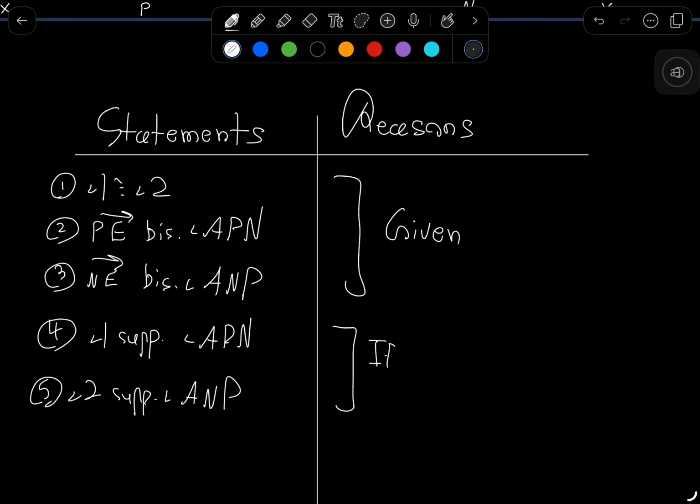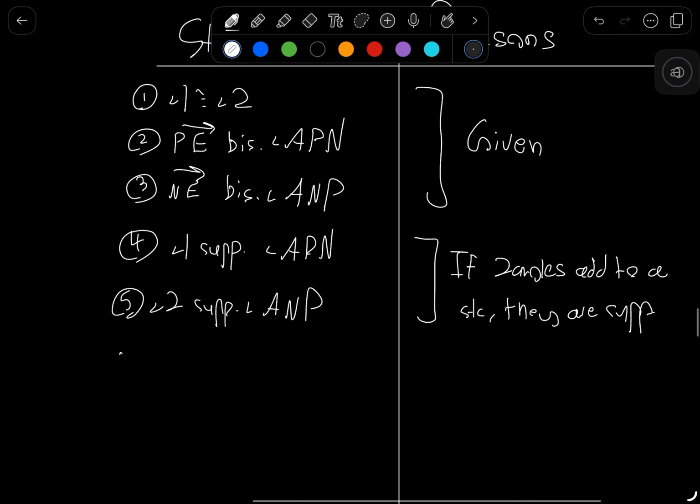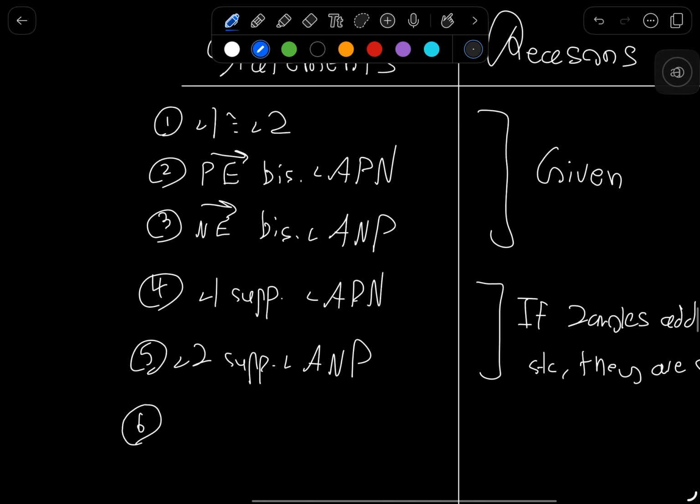Remember, if two angles add to a straight angle, they are supplementary. We already know angle 1 and 2 are congruent, and they both are supplementary to these angles. So therefore, we can conclude that angle APN is congruent to angle ANP.